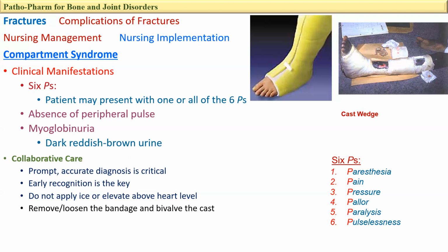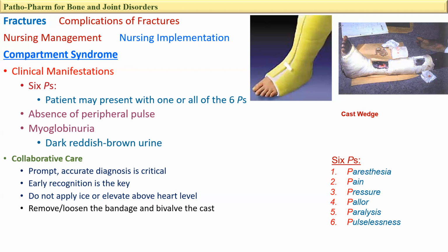And long term, or chronic, within a day or two, compartment syndrome that is undetected, unresolved, untreated, or not taken care of can result in a significant loss of blood supply, necrosis, and amputation.